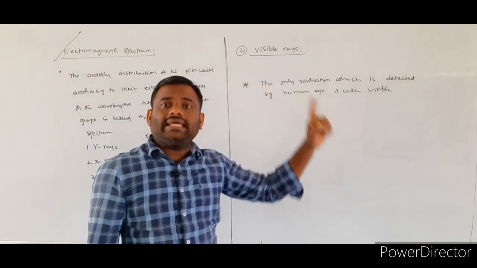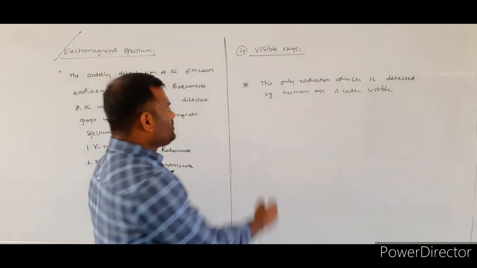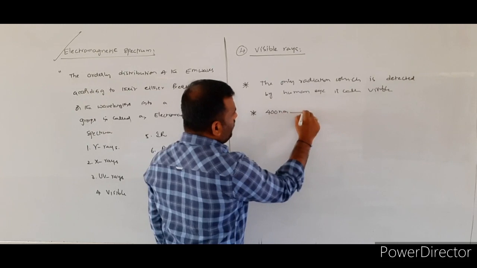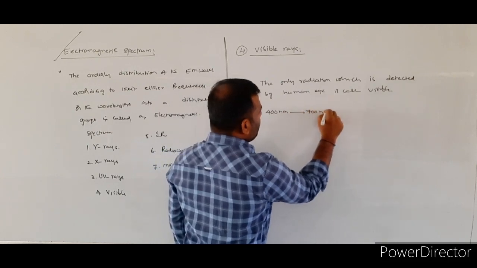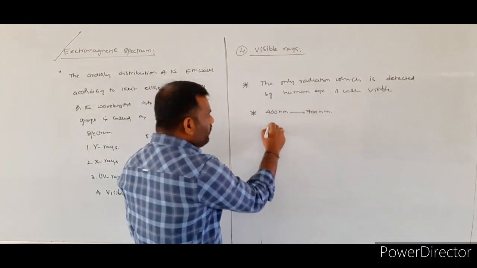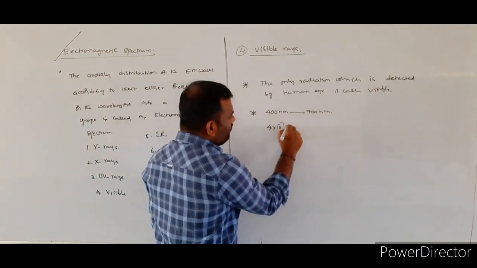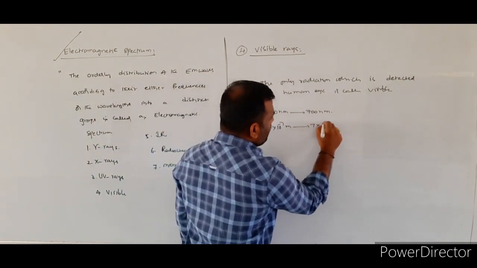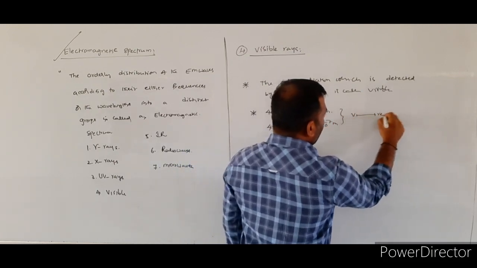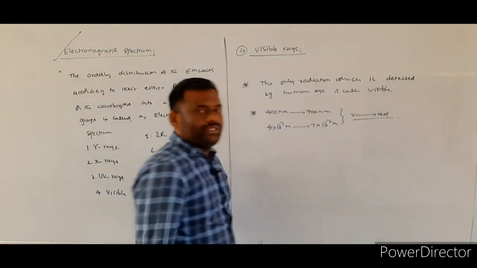What is the wavelength range of the visible radiation? Generally we write 400 nanometer to 700 nanometer, or 4 × 10^-7 meter to 7 × 10^-7 meter, which is taken from the violet to the red.